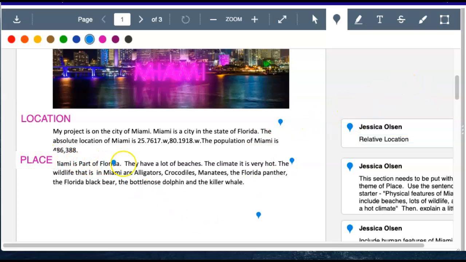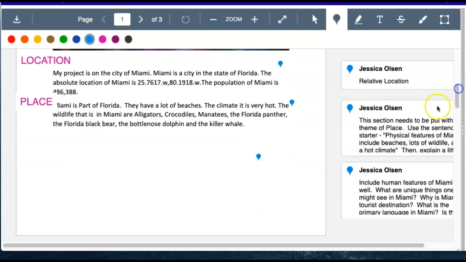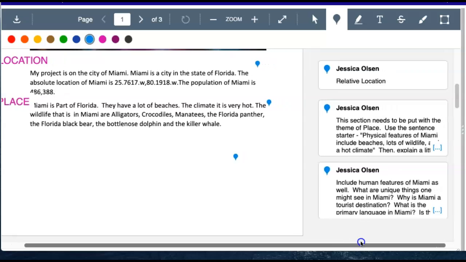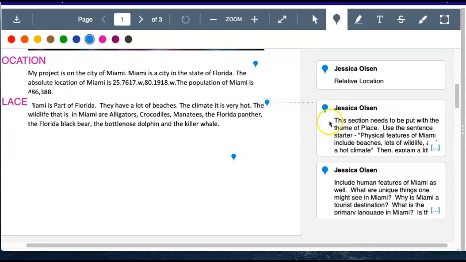Now for place, we want to fix this section pretty good here. I said this section needs to be put with the theme of place. Right here, it looks like it kind of belongs with location, but we want to make a good separation. Use the sentence starter, physical features of Miami include beaches, lots of wildlife, and a hot climate.